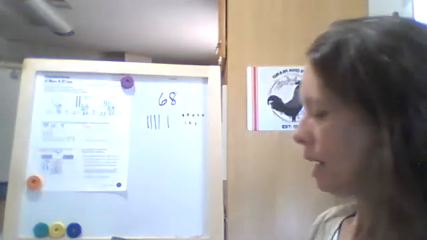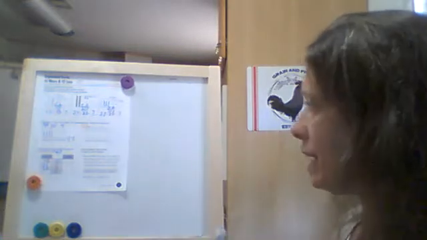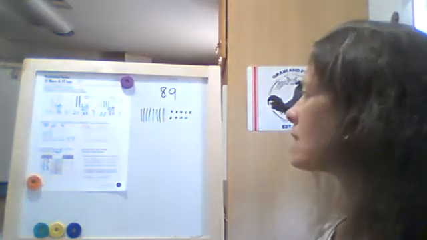Okay. And let's go to the last one. The last one is 89. I have how many sticks? 8. 1, 2, 3, 4, 5, 6, 7, 8, and 9 spots. 8 sticks and 9 spots.